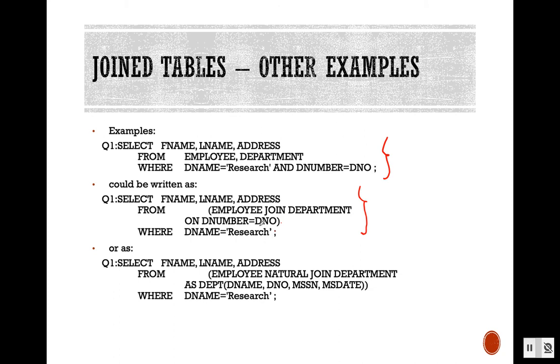So from employee join department on D number equals to DNO, this will create a temporary joined relation, and from that joined relation we can implement another selection condition, and select a list of attributes based on a selection condition.